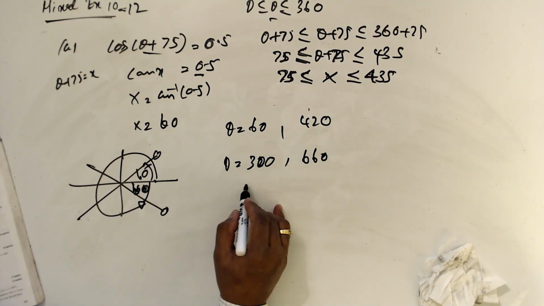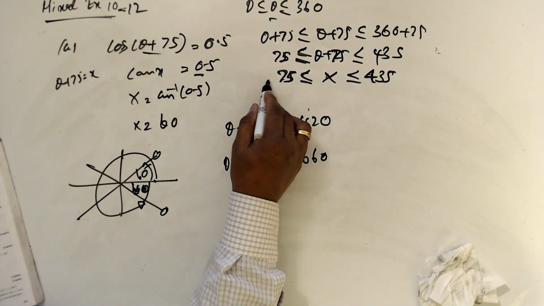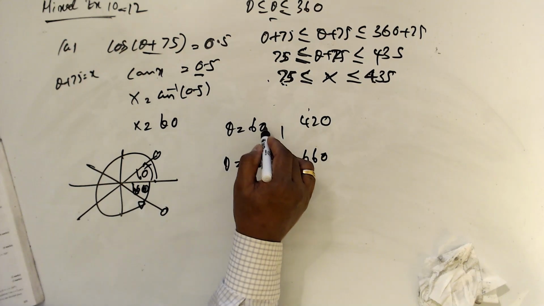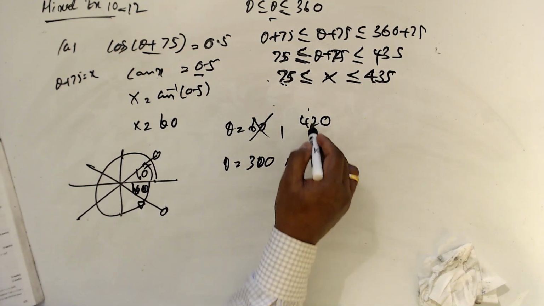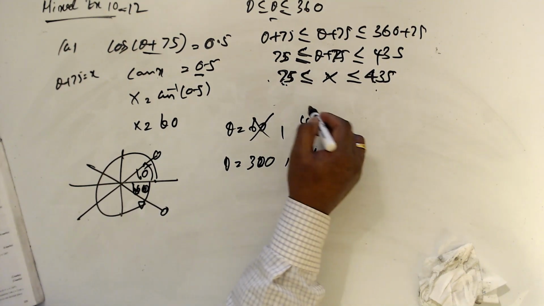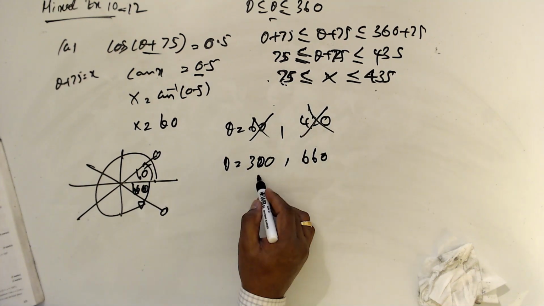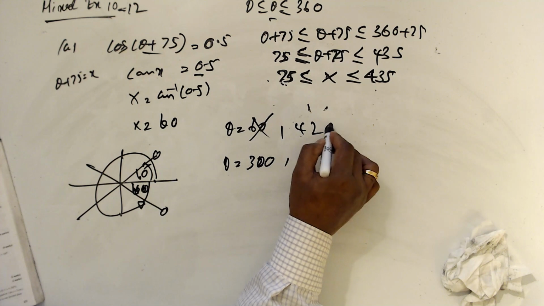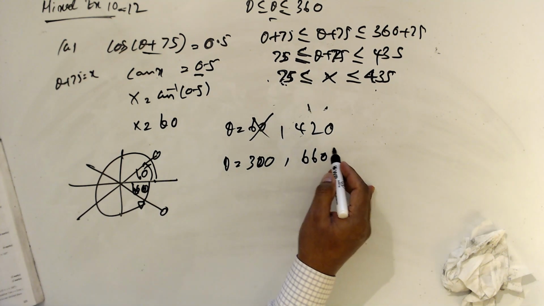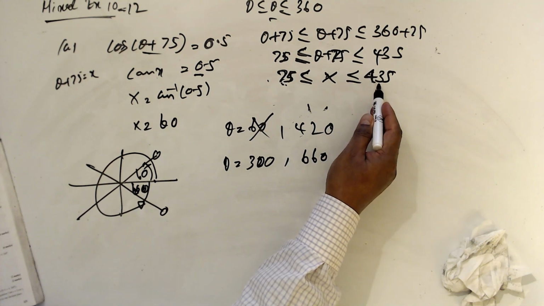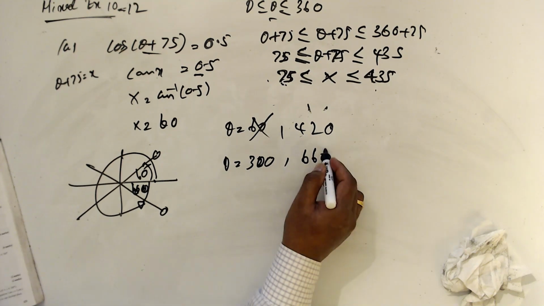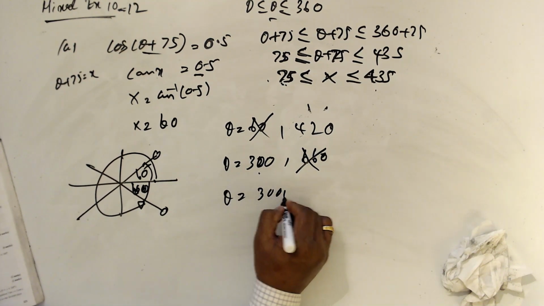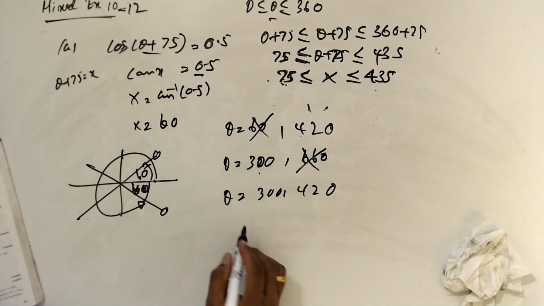Now I can see that 60 is out of range, it is less than 75. So it is out, and 660 is also out. Actually 420 is fine because it is less than 435. There are two answers, 300 and 420.